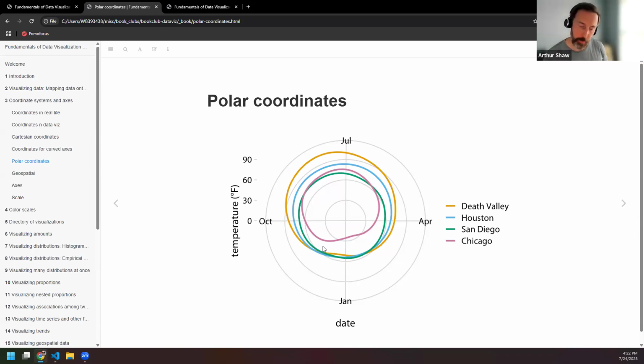I mean, I guess that could work for that particular axis because there's no intrinsic order or starting point for the months of the year, I guess.